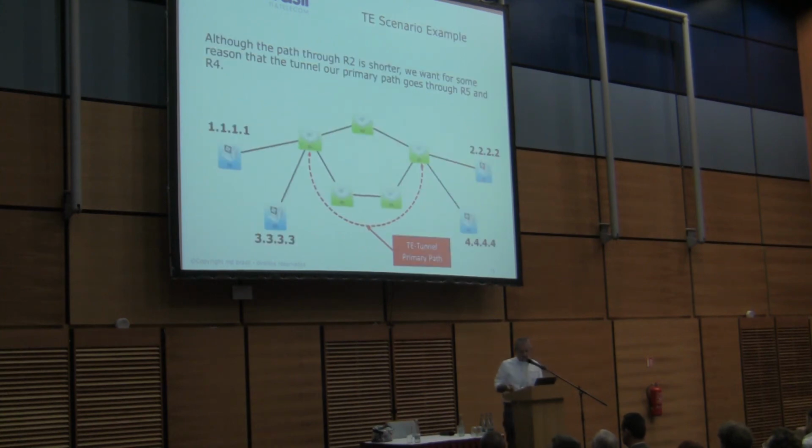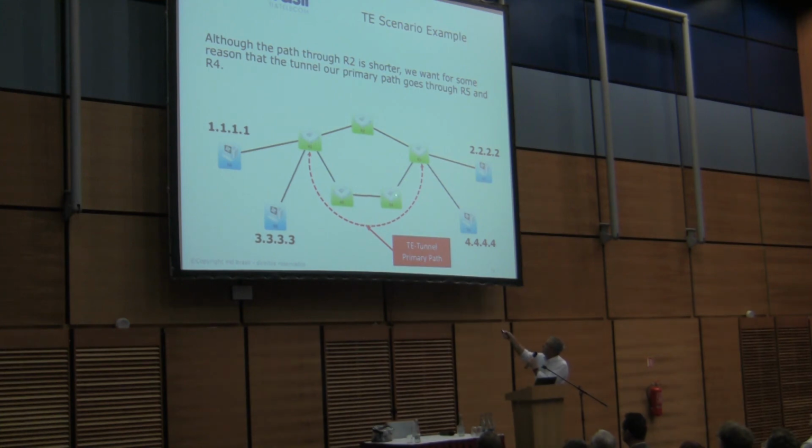Is this the scenario that we reproduce here? We have a tunnel between this router and this router, and the best OSPF path is through this router, but for some reason, we decided that traffic must go through this 3 hops route.